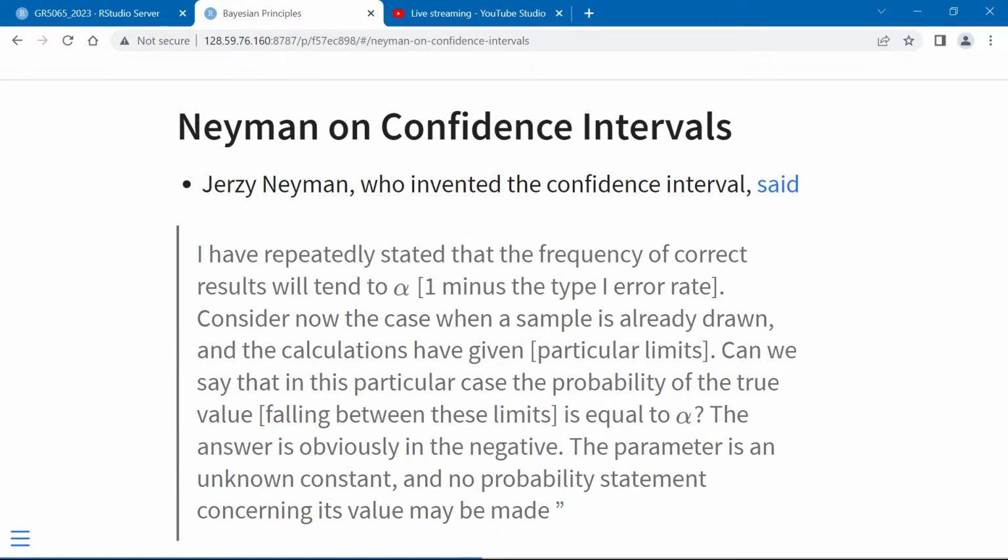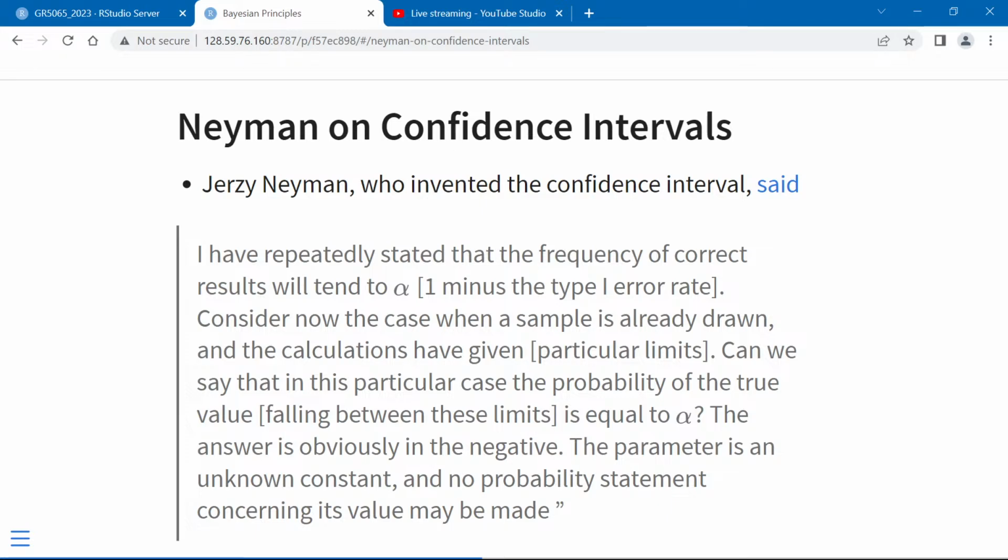So confidence intervals were invented by Jerzy Neyman, who disagreed with a lot of things about Fisher, but agreed with the frequentist interpretation of probability. It's this long-run frequency.